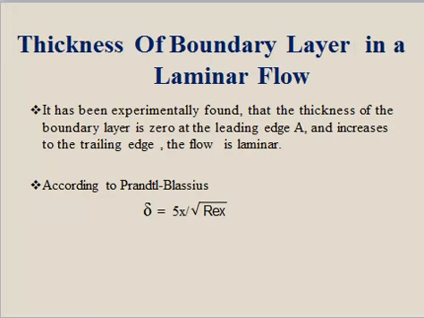Now, the thickness of boundary layer in the laminar flow region is given by Blasius, and the equation is called the Prandtl-Blasius equation, which is given by del equals 5 into x upon root of Reynolds number at a distance x. Here, this x represents the distance from the leading edge. So at x equals 0, from this equation, del equals 0.